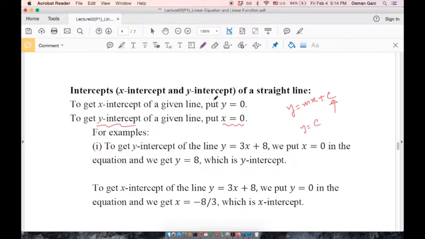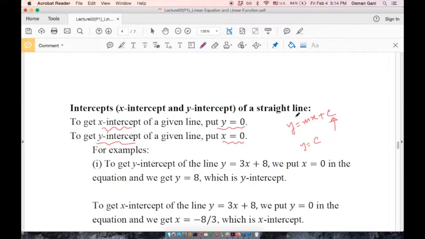So c is the y-intercept. And again, to calculate the x-intercept, you need to put y equal to 0 in the line. So if we put y equal to 0, we will get mx plus c equal to 0, so x equal to minus c by m. So minus c by m is the x-intercept.